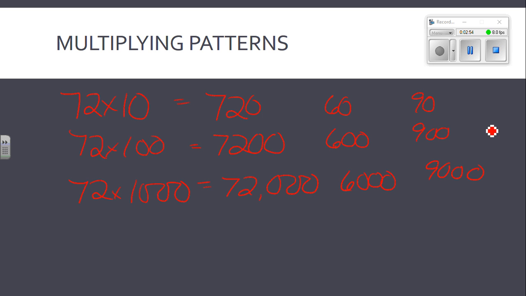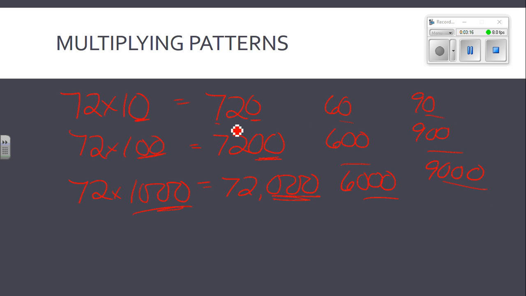What do you notice is happening with each number we multiply by? I notice that there's 1 zero here, there's 2 zeros here, there's 3 zeros here. Same thing here. The same thing here.